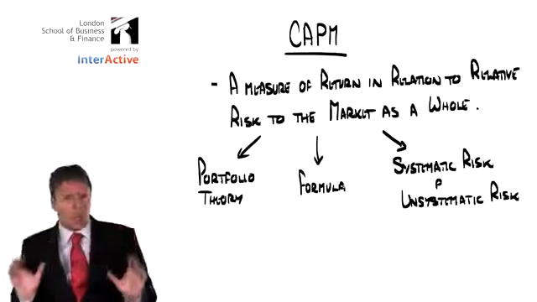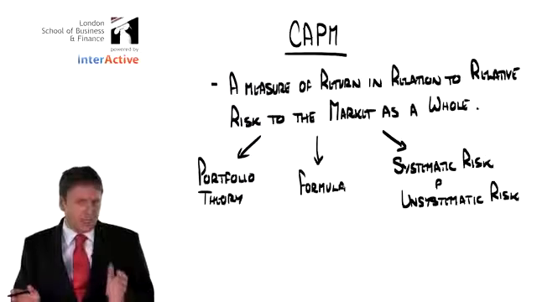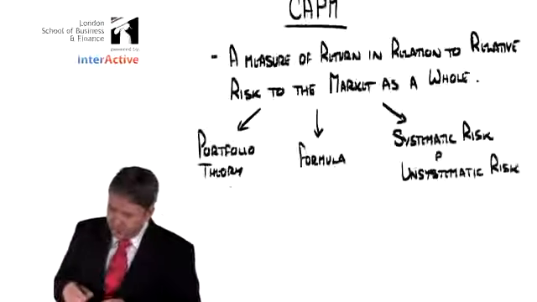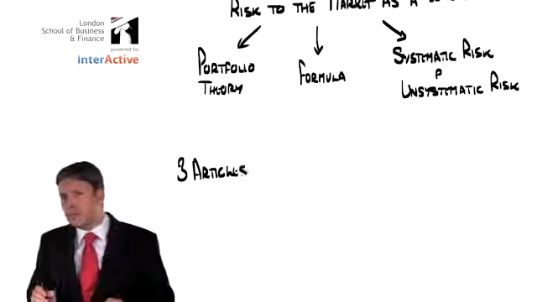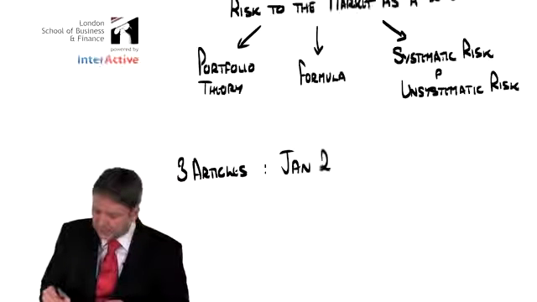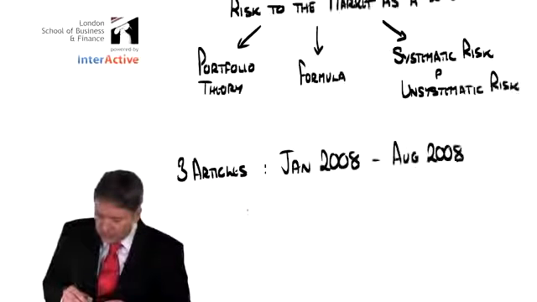One thing I want to highlight is this. Your examiner is very keen to examine this area. And that is evidenced by the fact that there are 3 articles that you can access on the ACCA Global website between January 2008 and August 2008. My suggestion is that you simply have to search this.